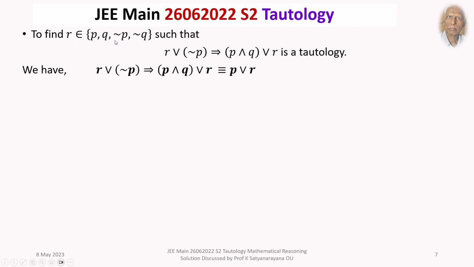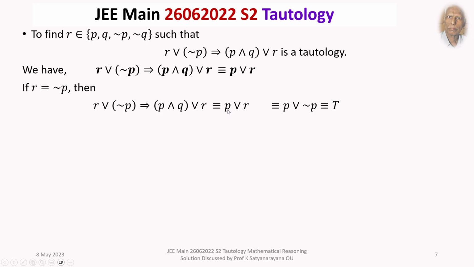If R is negation of P, you know P or negation of P is a tautology always. So if R is negation of P, then the given logical statement is equivalent to P or negation of P, which is a tautology for all truth values of P, Q, R. It gives you the truth value T for all truth values of P, Q, R in the given logical statement.